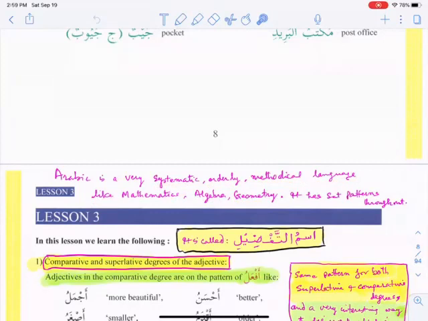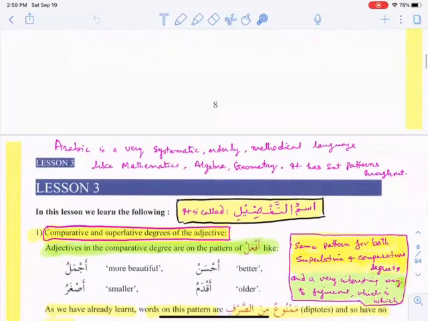It has set patterns throughout. One of the patterns that we are learning now in this lesson is the pattern of af'alu. And this is diptote, mamnu min sarf.